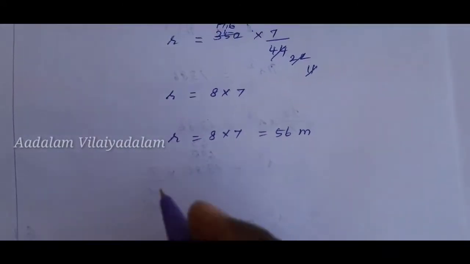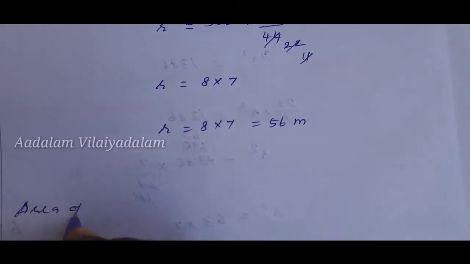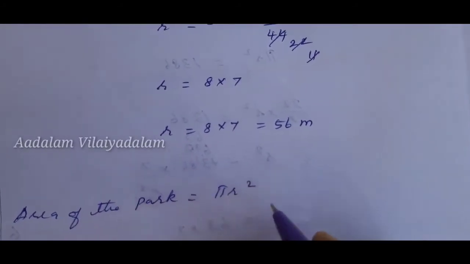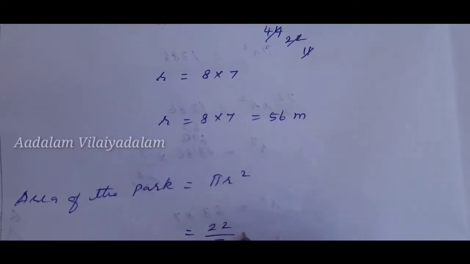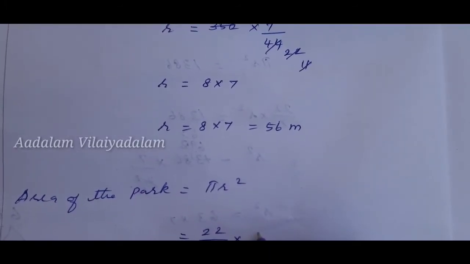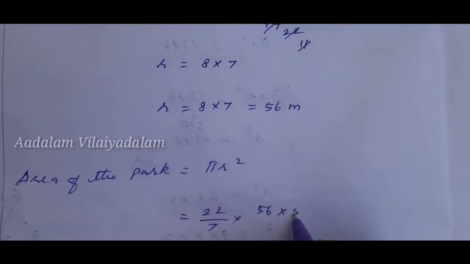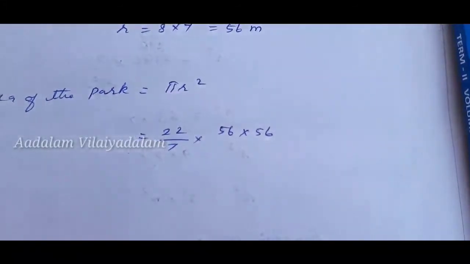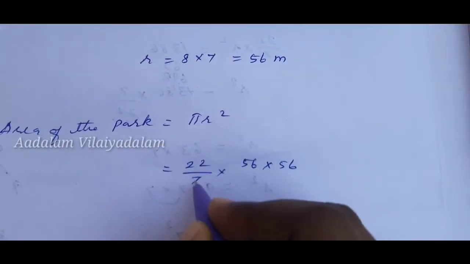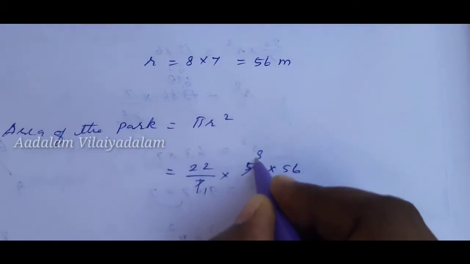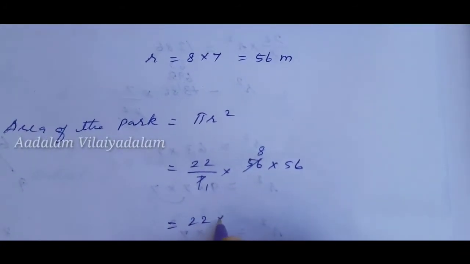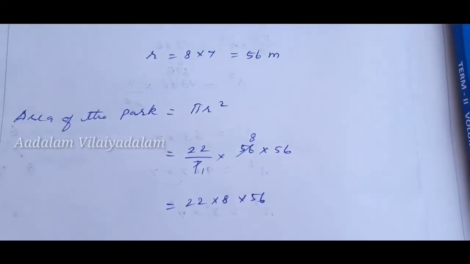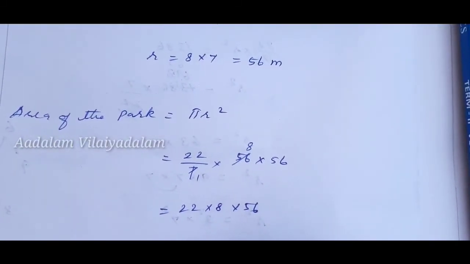Now we need to find the area of the park. So area of the park equal to pi r square. Pi value will be 22 by 7. R value will be 56 into 56. Now cancelling these values we will get 7 1s are 7, 7 8s are 56. Then 22 into 8 into 56, and 22 8s we will get 176 into 56.